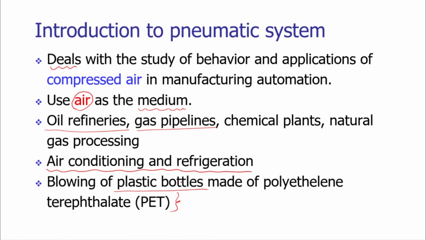So when we blow the material, that blown material will take the shape of the cavity which is provided. In this way we can utilize compressed air for a variety of applications.